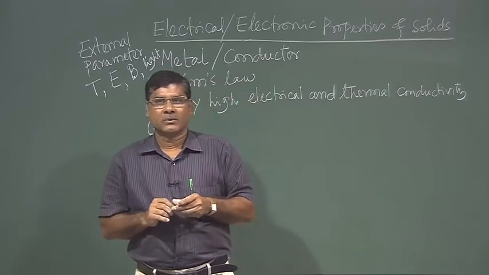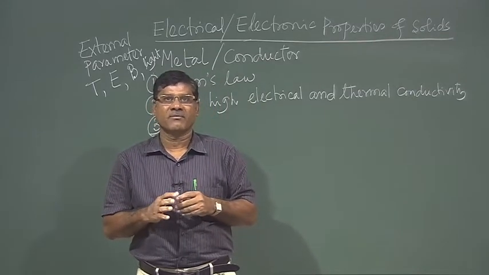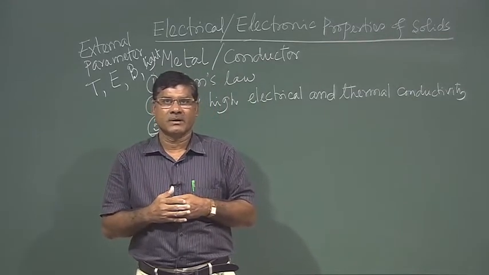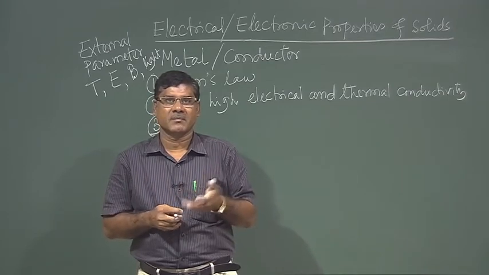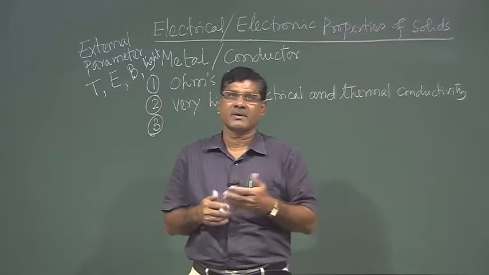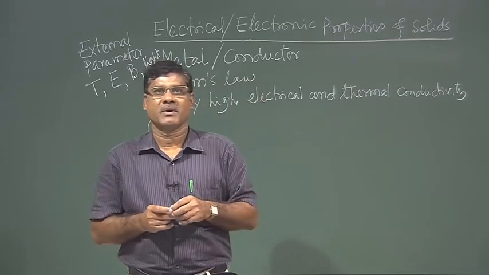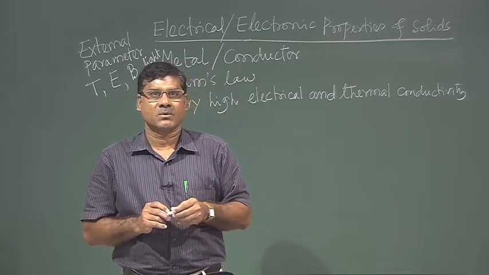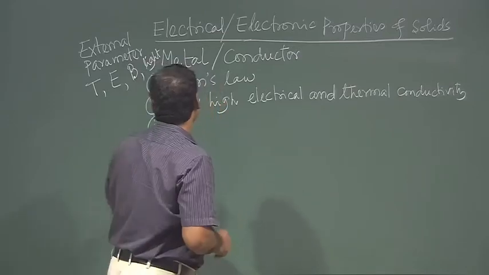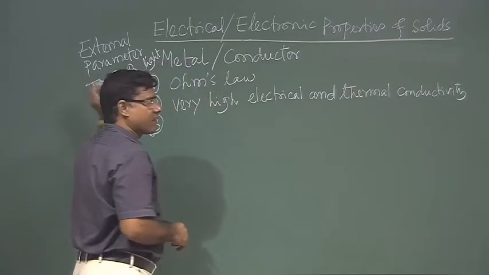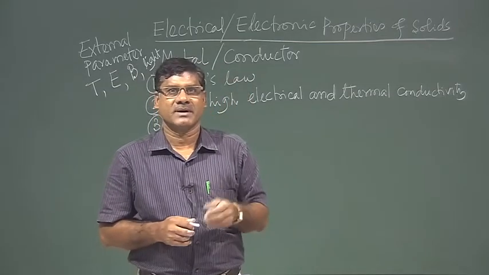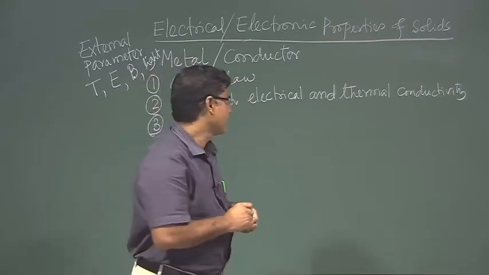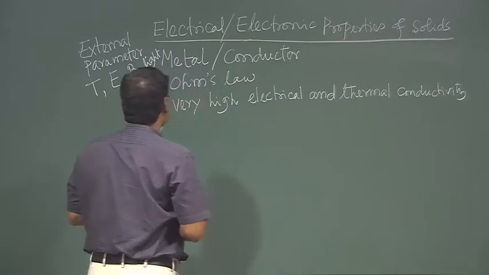So, to study the behavior of a material in different aspects, it may be thermal, electrical, magnetic, or optical, we have to apply these external parameters and see the behavior of that material in response.